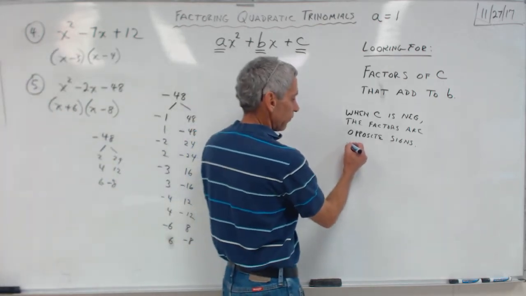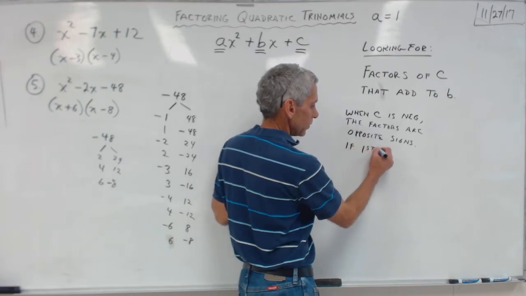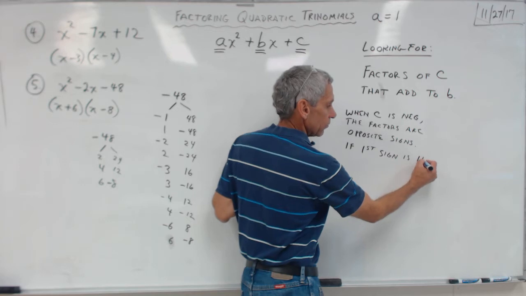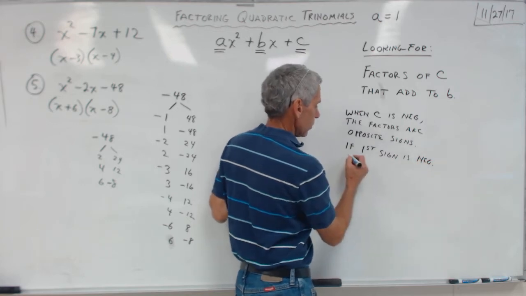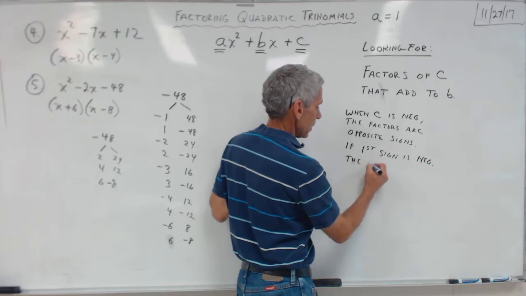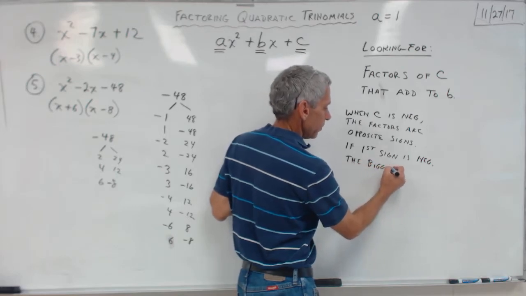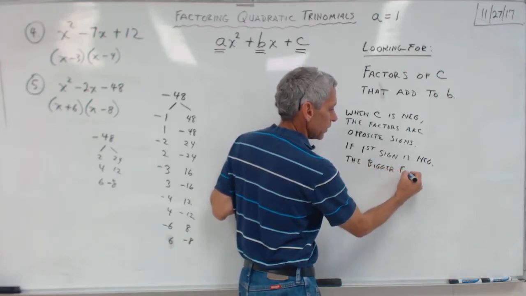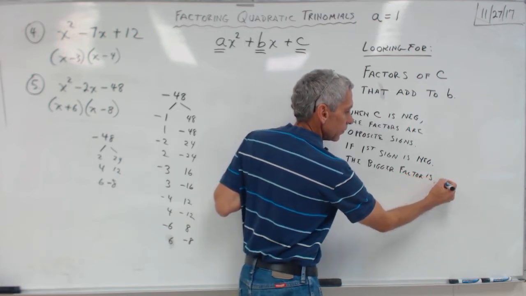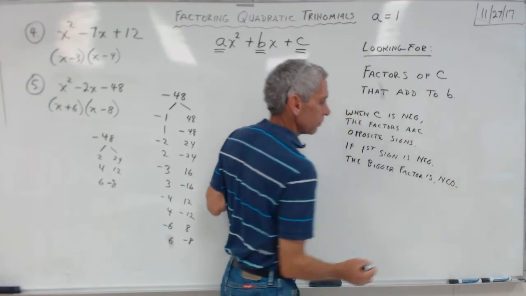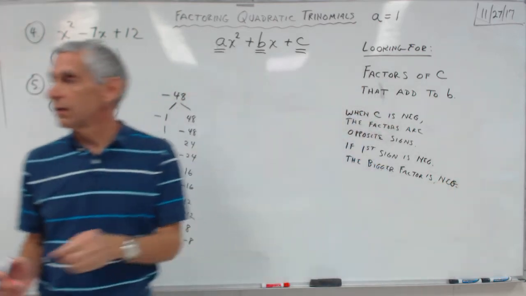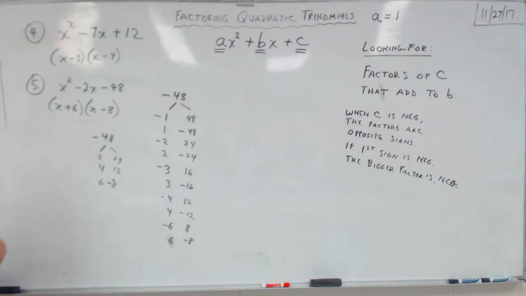So, if the first sign is negative, the bigger factor is negative. Doesn't look like a G, but that's a G. Is negative, right? Does that make sense? Yep. So let's try a few of those.